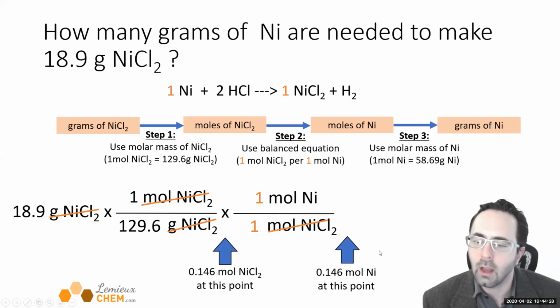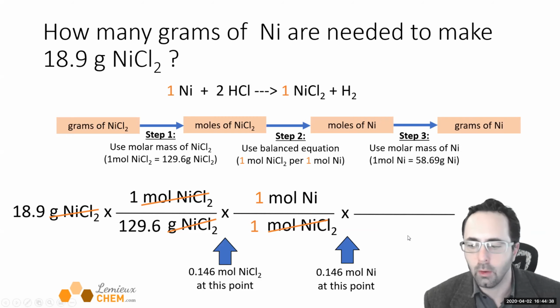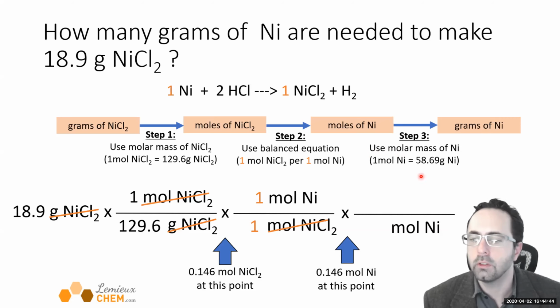But we don't have to stop. We can keep going if we want. We're going onward to grams now. So again, whatever unit is here, that unit is going there, period. Boom, moles of nickel. And we're going to look at our conversion factor that we already figured out we need to use. It's going to be 1 mole of nickel, moles of nickel cancel.